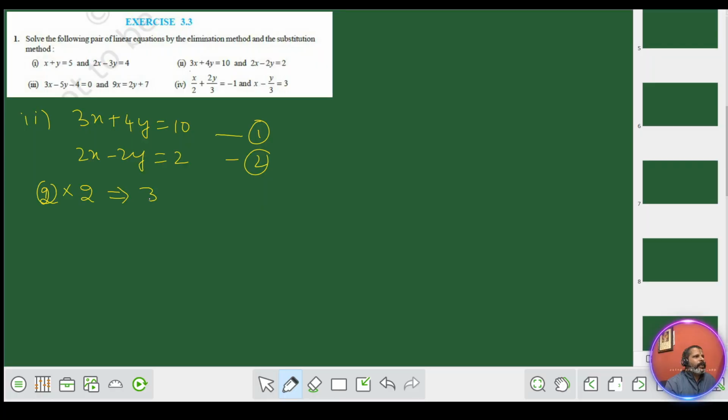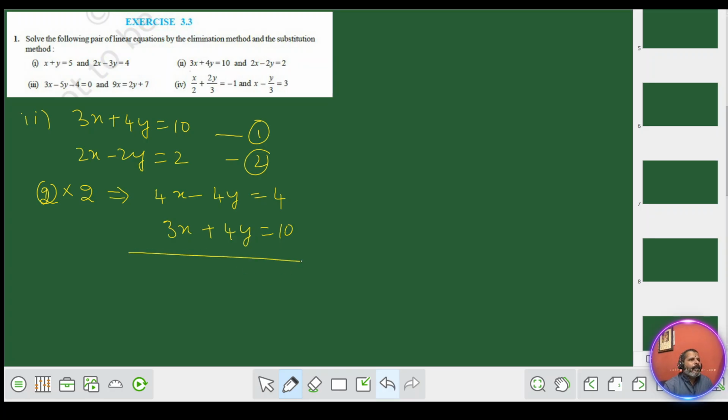After multiplying by 2, the second equation is 4x minus 4y equal to 4. Now you write the first equation below this, 3x plus 4y equal to 10.